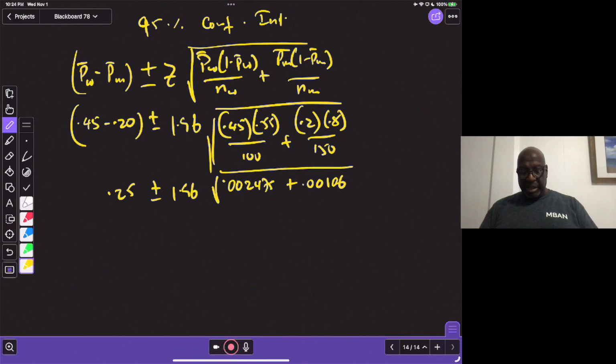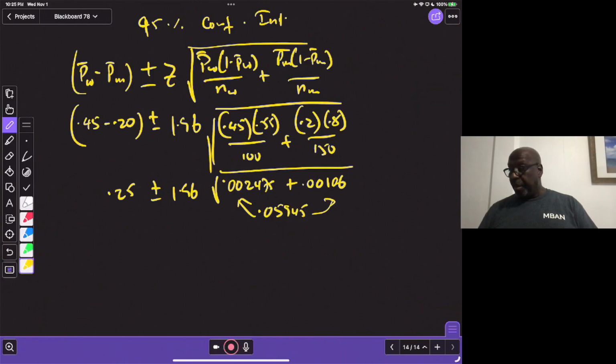Undo. Sorry about that. I messed up here. I pressed the wrong button. 0.002475 plus 0.00106. Add that up and take the square root. The square root of that is 0.05945.